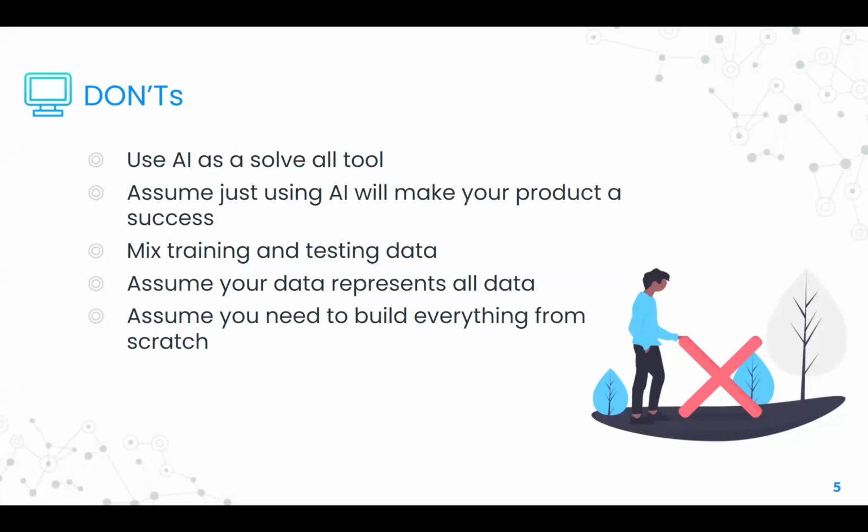So next, we're going to jump into the don'ts of AI development. First and foremost, do not use AI as a solve-all tool. AI is fantastic, a super powerful data science tool, but not all tasks require AI. A lot of people run into a problem where they just jump to AI for all of their problems as a solution for everything.